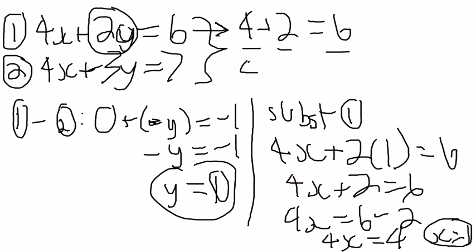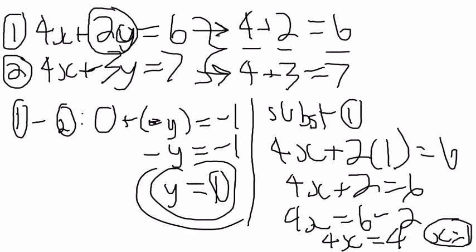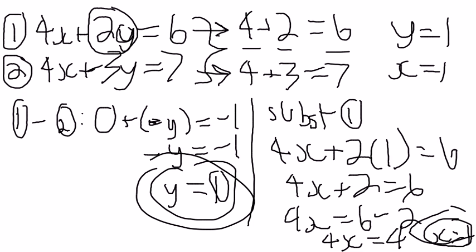Same thing here, 4 plus 3 is 7. So they both work, which means that y does equal 1, and x does equal 1. So you always just want to make it neater, obviously. So y equals 1, x equals 1. So that's the first case that you'll want to do.